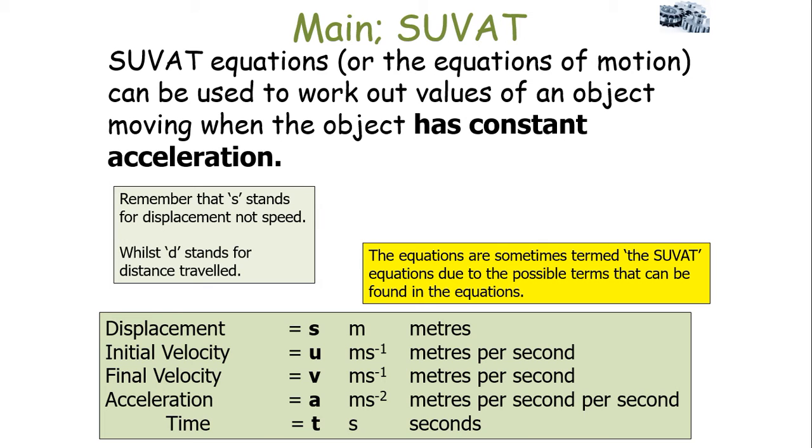Remember, s in this particular concept stands for displacement, not speed. d would stand for distance travelled, but distance travelled and displacement are not the same concept. Displacement is a vector, it has a direction, it is the straight line distance from the start of the journey to the end of the journey, whilst distance travelled is a scalar, it's just the overall amount of length moved by an object in a journey.